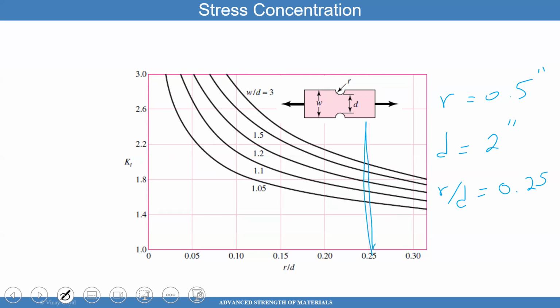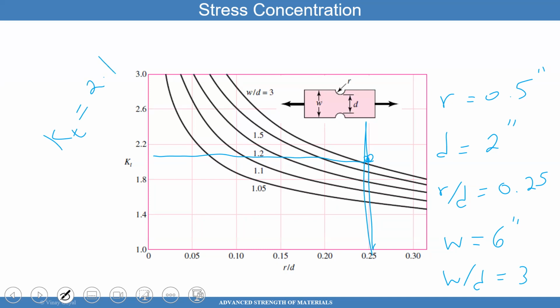And then maybe W over D is 3, say. I don't know, I'm making it up. Say the width was 6 inch. Then W over D in this case is 3. So I drew the line, so that's where it intersects, and I go over here. And KT, just looking at it, maybe 2.1 or so. That's how you will do that.